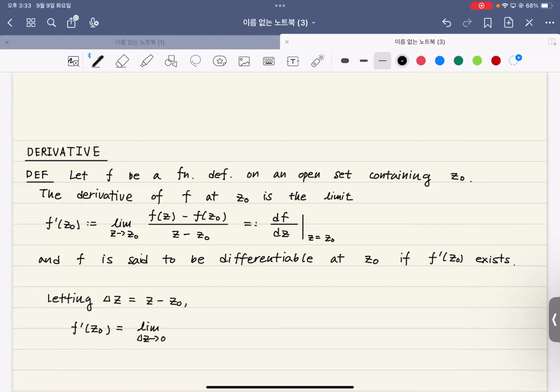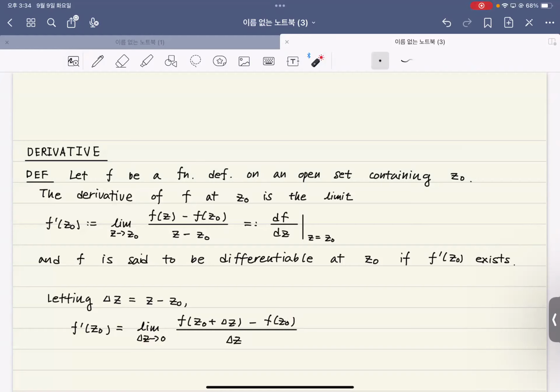As delta of z is tending to 0, f of z0 plus delta of z minus f of z0, over delta of z. So this is going to be our prime definition.